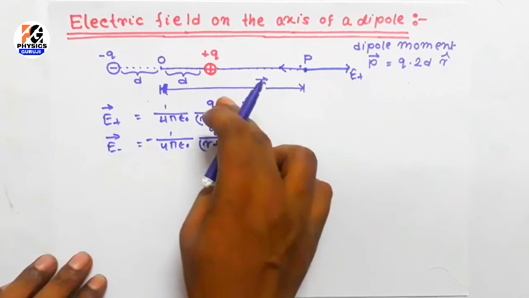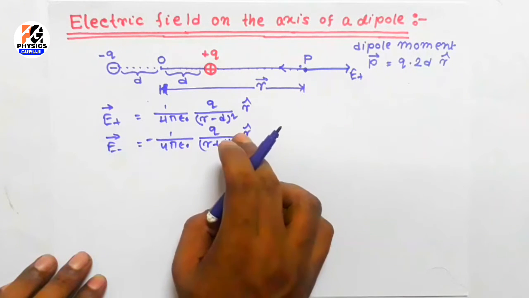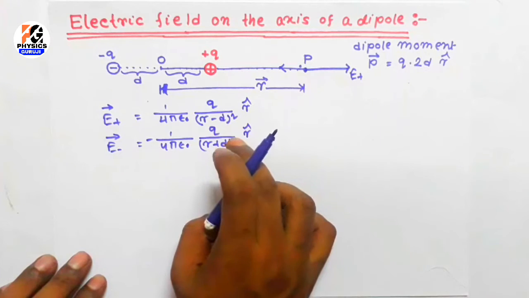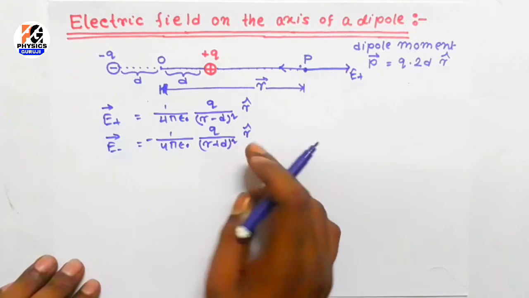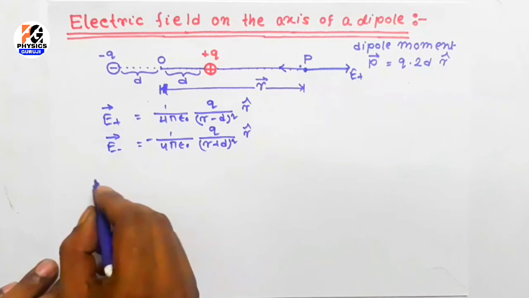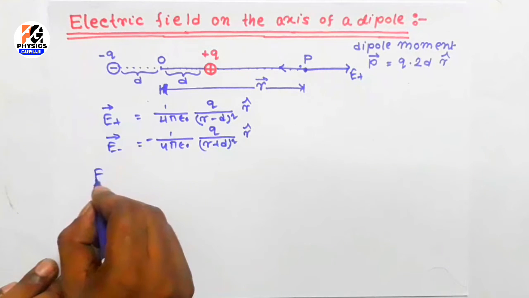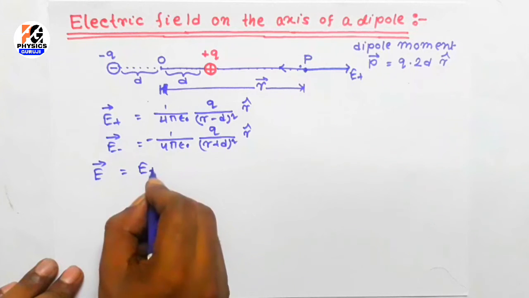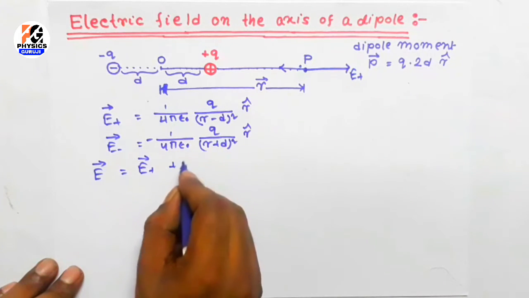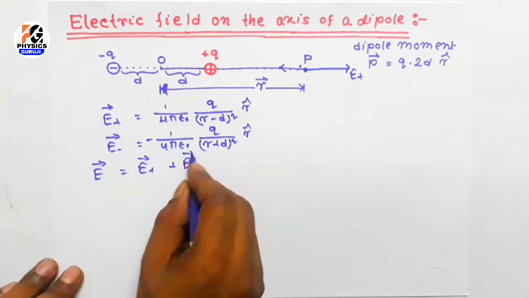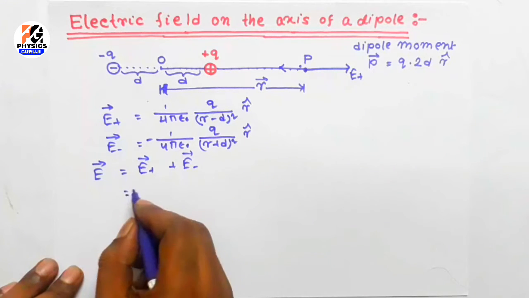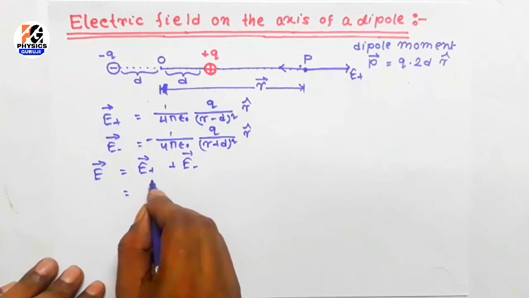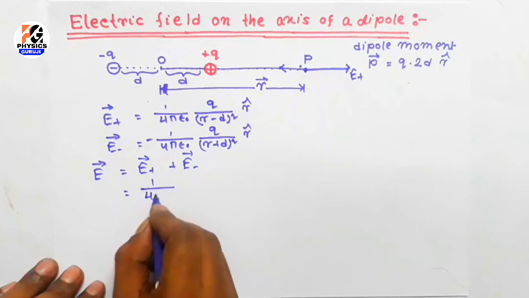So when these two fields are added, this gives the electric field due to the whole dipole. So the total electric field E will be E plus plus E minus. This is the superposition principle. It is equal to 1 by 4 pi epsilon 0.